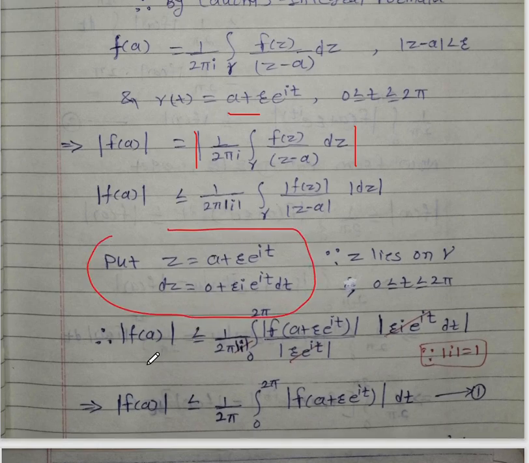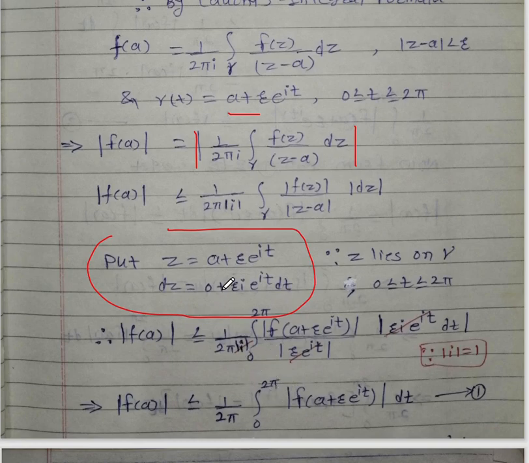So mod f of a is less than or equal to 1 upon 2 pi. The value of the modulus of i is 1. The integral will become 0 to 2 pi because we are integrating on t, where t lies between 0 and 2 pi. Mod f of a plus r e raised to power i t, that is f of z, divided by z minus a.